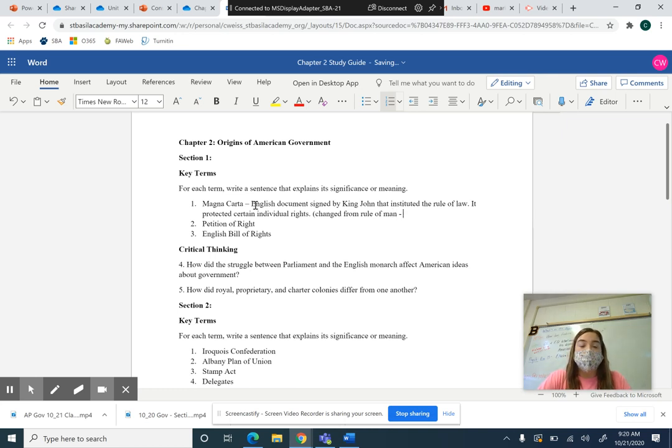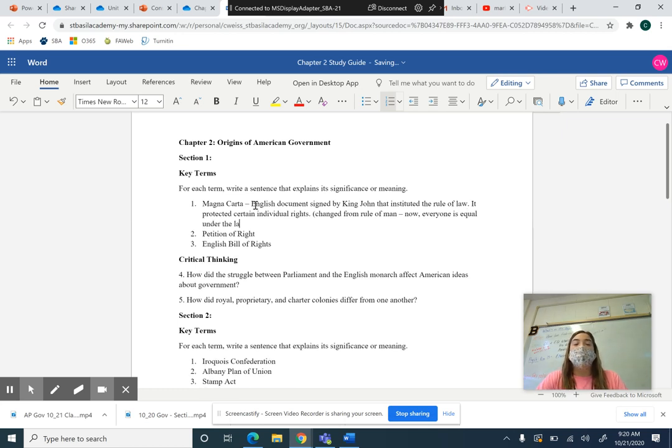Because now, under the rule of law, everyone is equal under the law, including government officials. Good, excellent. All right.